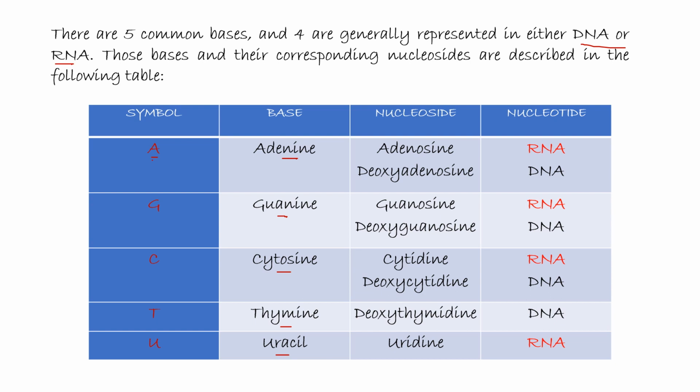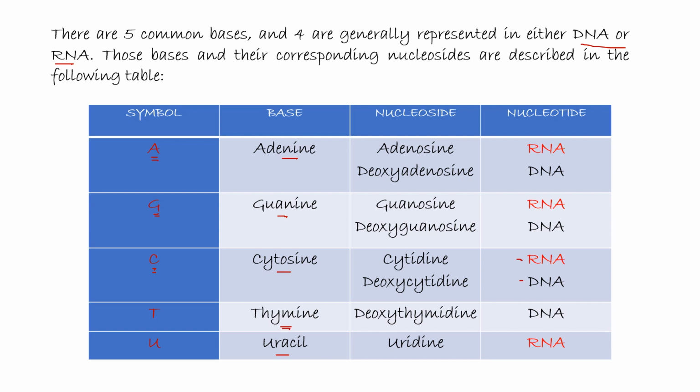Symbol capital A. Guanine as a base is present in guanosine and deoxyguanosine. Symbol capital G. Cytosine, capital C as a symbol, is present in cytidine in RNA and deoxycytidine in DNA.